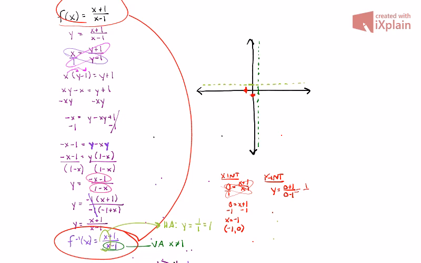So this becomes 1 over negative 1, or negative 1. So we do have a point at 0, negative 1. So we kind of know what's going to happen here. We know that with rational functions, they hug the asymptotes, connect with their intercepts, and then they're going to continue to go back to hugging the asymptotes.